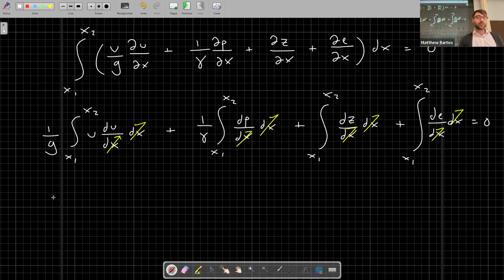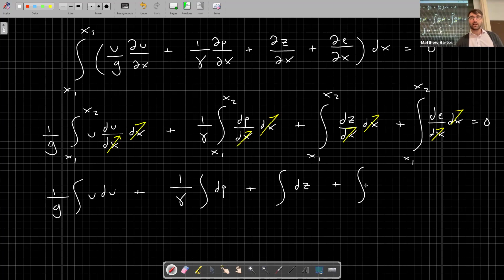And we end up with 1 over g times the integral of u du plus 1 over the specific weight times the integral of dp plus the integral of dz plus the integral of dE is equal to 0.